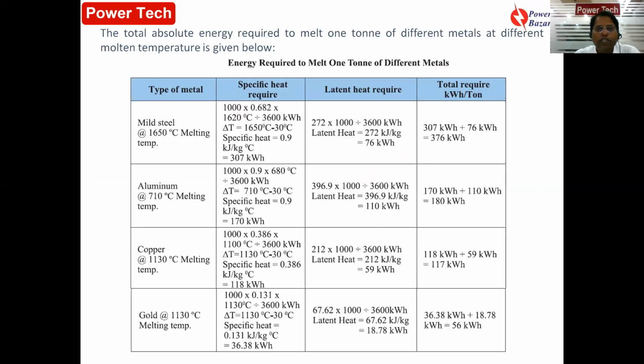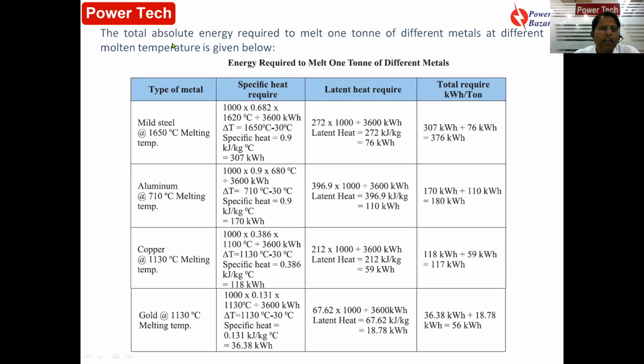Now, we'll discuss the furnace efficiency, how the furnace behaves, and why the furnace losses are there. This is an important session, and you will all benefit from it, and these are very important questions as far as examinations are concerned.